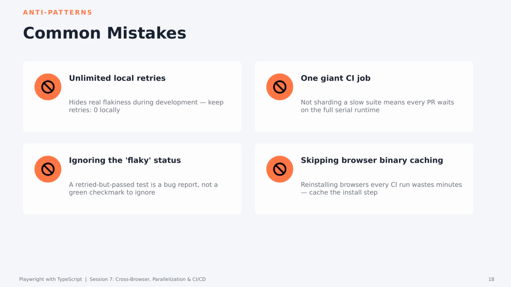Ignoring the flaky status. A test that's retried but eventually passed is a real bug report sitting right there, not a green check mark you can just casually ignore. And skipping browser binary caching. Reinstalling all 3 browsers on every single CI run wastes real minutes. Cache that install step properly.